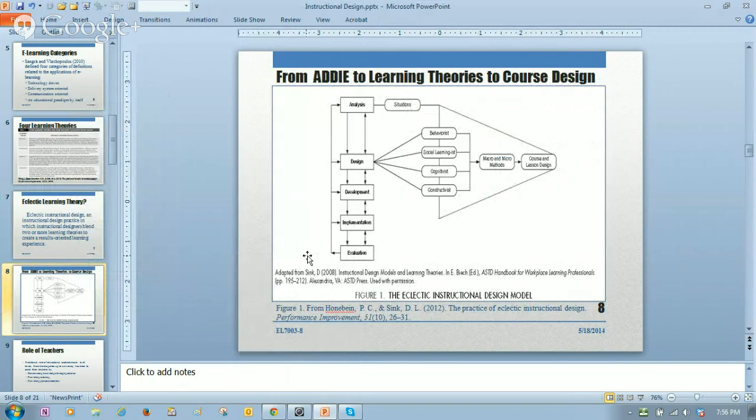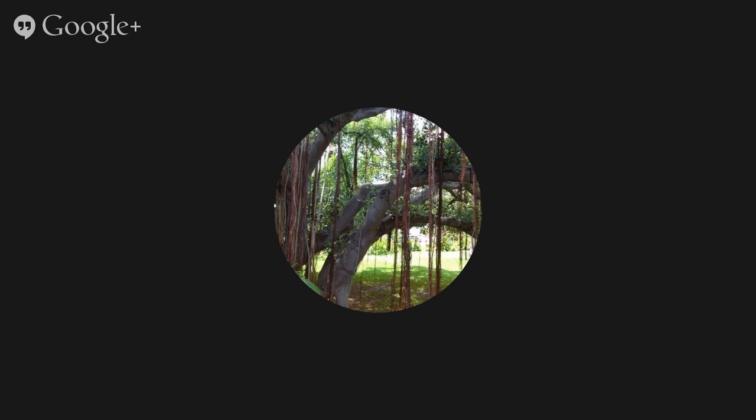But it looked at the ADDIE theory, pointing out that the design portion of ADDIE included the four learning theories, and then from that you get the micro.